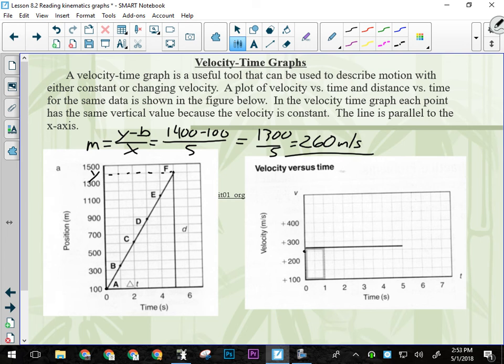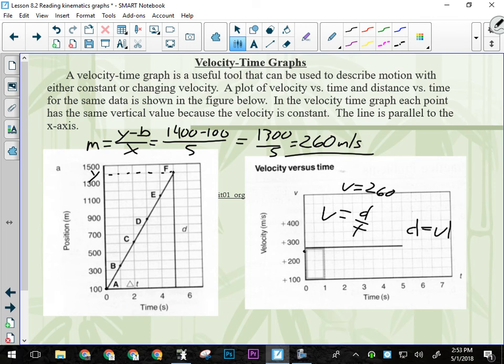Could I calculate how far this object goes from the velocity versus time graph? How would I do it? I know its velocity is 260. Do I know how long it does that for? 5 seconds. Could I use this formula? It's traveling at a constant velocity, so I can use this formula.